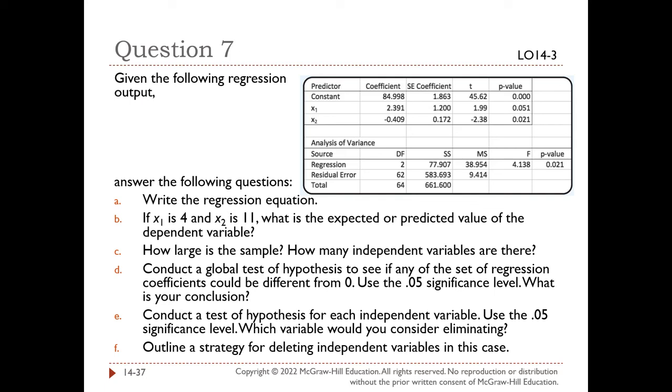So, our regression equation is y hat equals, again, our constant, 84.998, plus 2.391 times x1, and then the next one's a negative, so minus 0.409 x2.